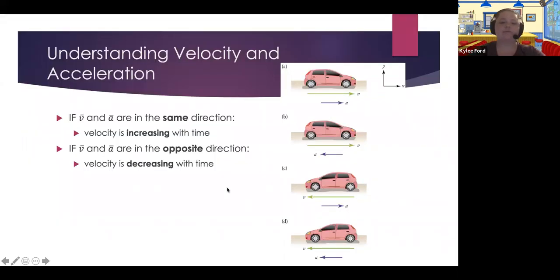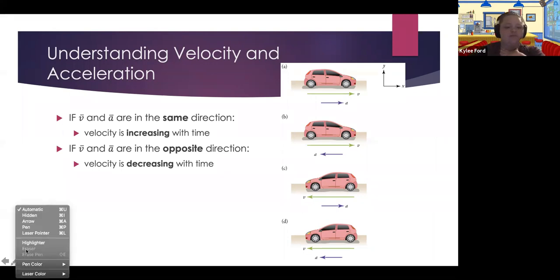Okay, so I want you guys to understand velocity and acceleration together. I have a diagram here that shows you a bunch of different car scenarios.